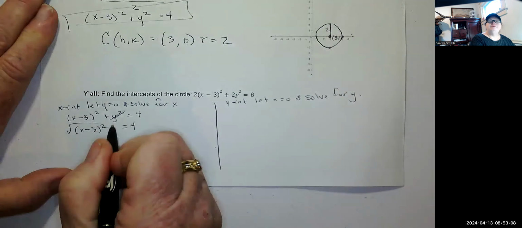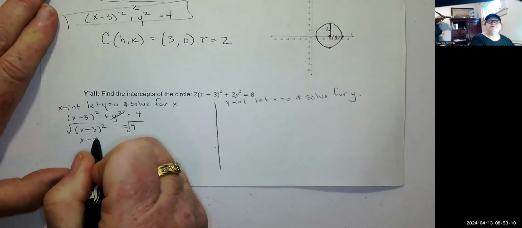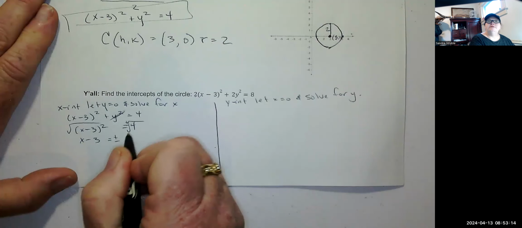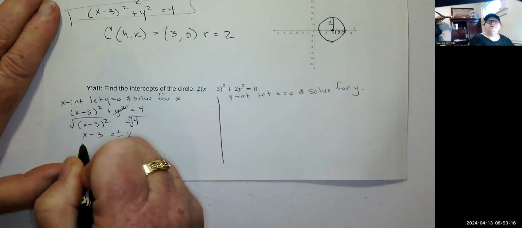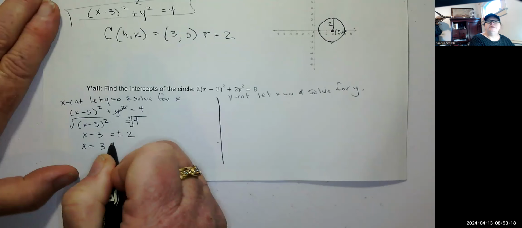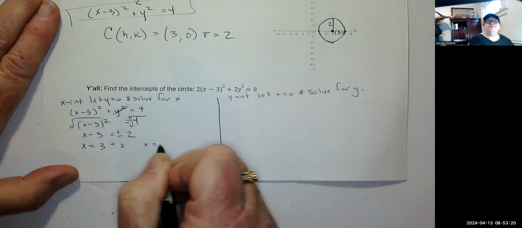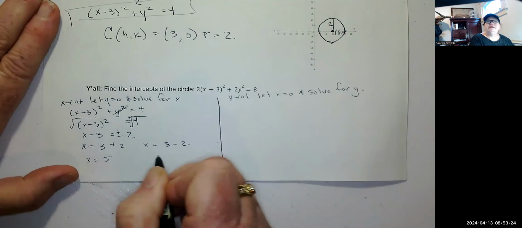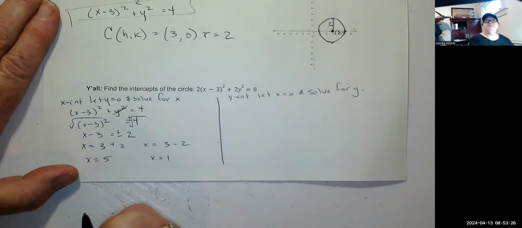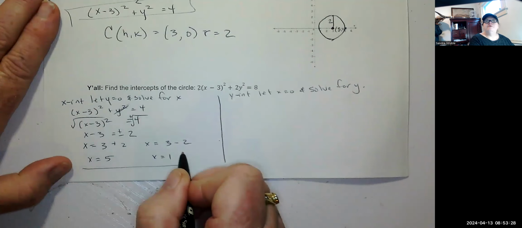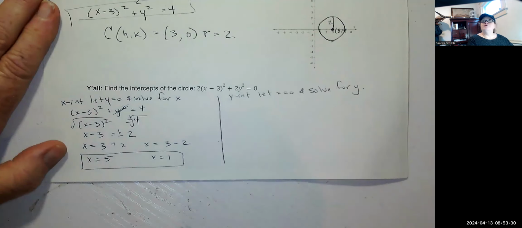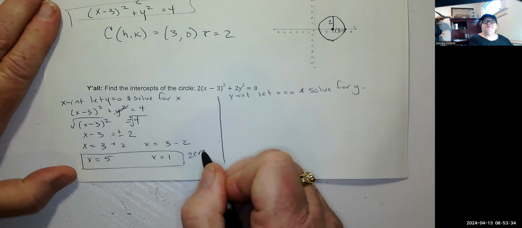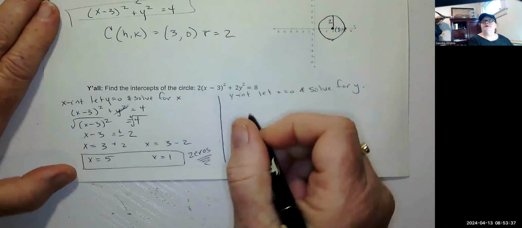I'm going to take the square root of both sides. x minus 3 is equal to plus or minus, square root of 4 is 2. So x is equal to 3 plus 2, and x is equal to 3 minus 2. So x is equal to 5, and x is equal to 1. Those are our intercepts for x. Also called zeros. Remember, x-intercepts are called zeros. Please get that terminology down.